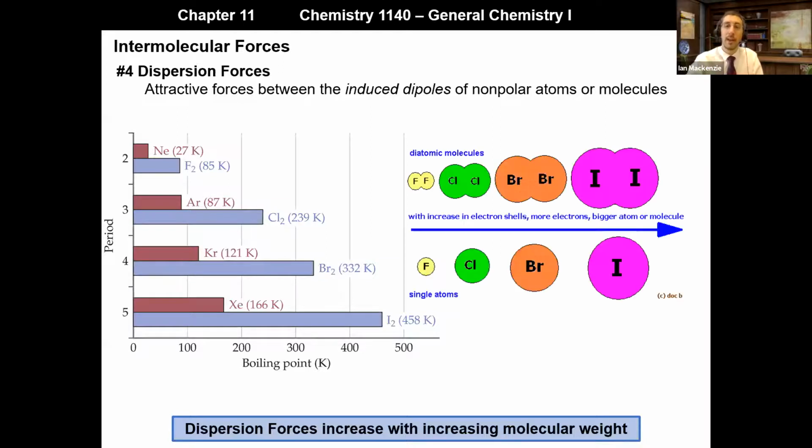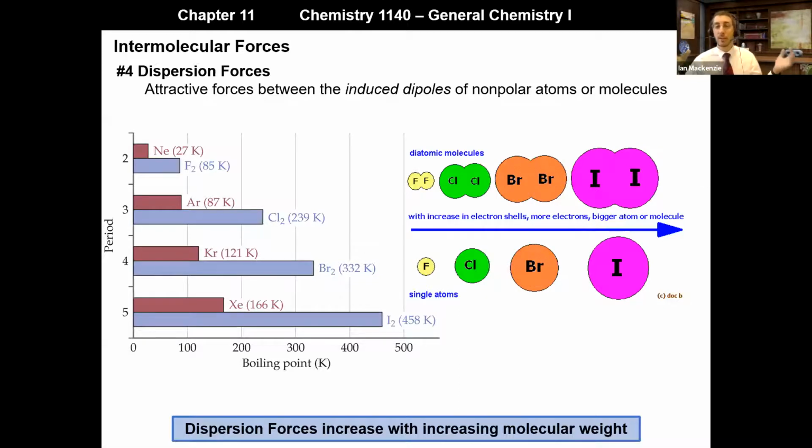We can sort of see that shown here, with the single atoms or the diatomic molecules, where you'll notice a couple things. So as we move left to right, as in the chart on the left, we do see an increase in the boiling point. We'll also notice that the atoms or the molecules get larger as I increase the molecular weight.